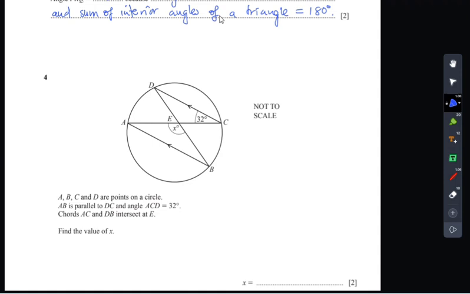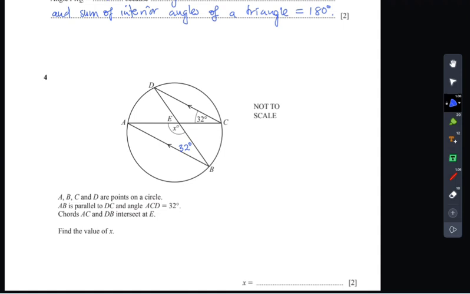Right, let's see how this goes. We know we have alternate angles. If this is 32, this is also 32. Right, and then what can we use here?